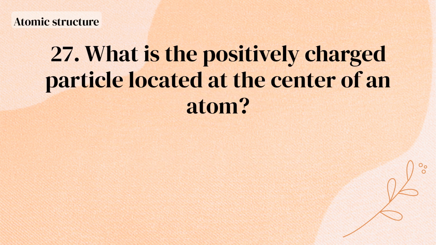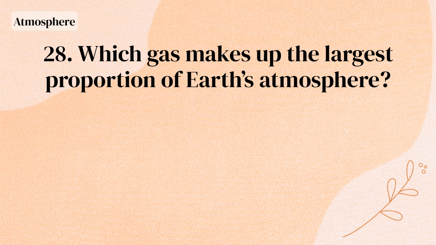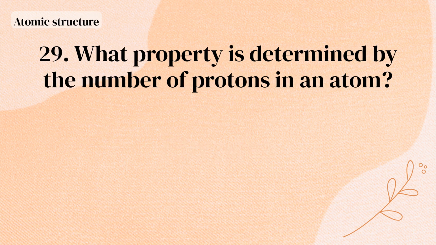What is the positively charged particle located at the center of an atom? A proton. Which gas makes up the largest proportion of Earth's atmosphere? Nitrogen. What property is determined by the number of protons in an atom?